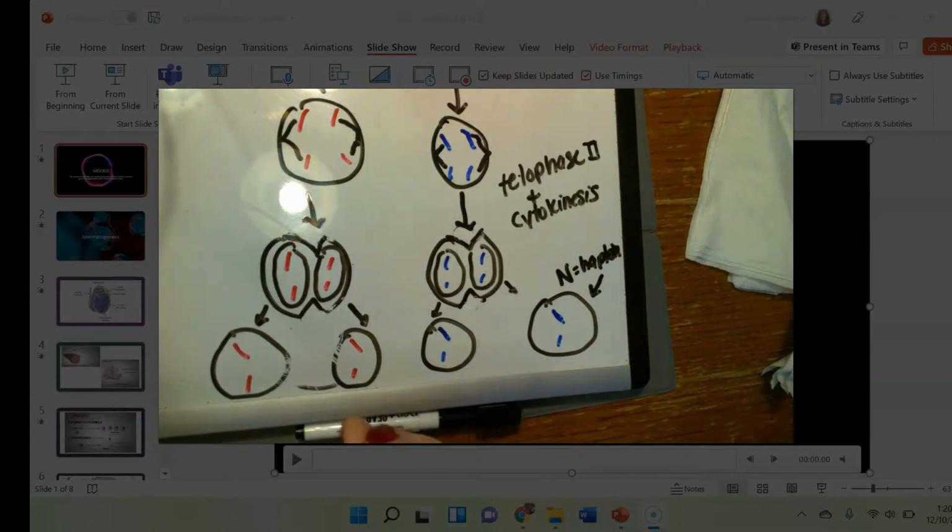So again, we started with one cell, 2 copies of 23 chromosomes, so 46 chromosomes total. Each chromosome had 2 chromatids. We then go through meiosis I, where we end up with 2 cells that have 1 copy of each chromosome. So in a human, there would be 1 copy of every one of the 23 chromosomes. Each of those chromosomes have 2 chromatids.